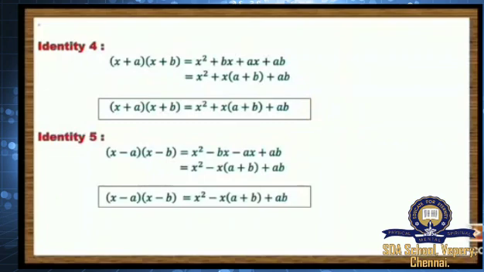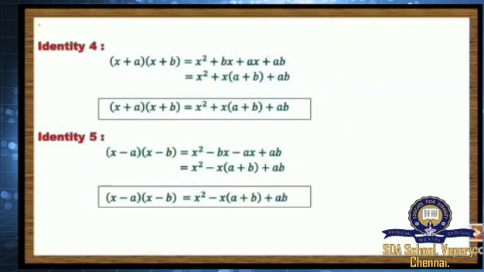So similarly, identity number 5. This is same as x plus a into x plus b, wherein the sign differs. So here, if you multiply x into x, you will get x square. X into minus b will become minus bx. Minus a into x will become minus ax. And minus a into minus b is plus ab.